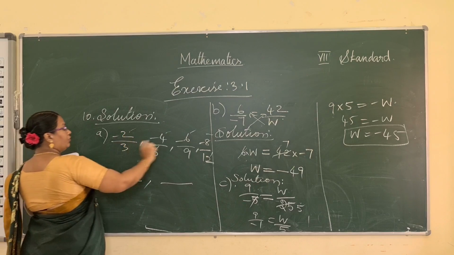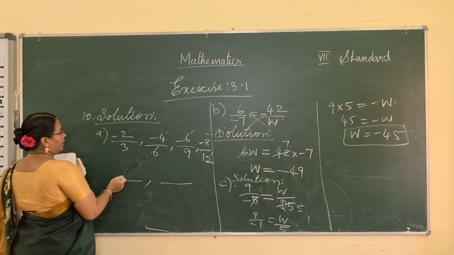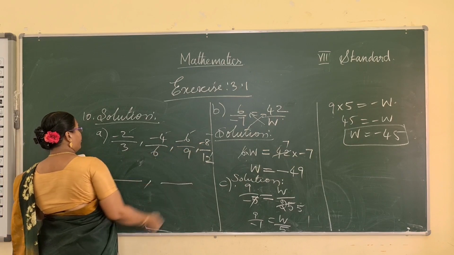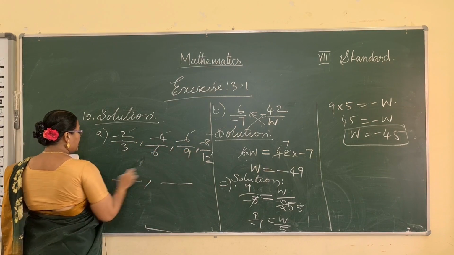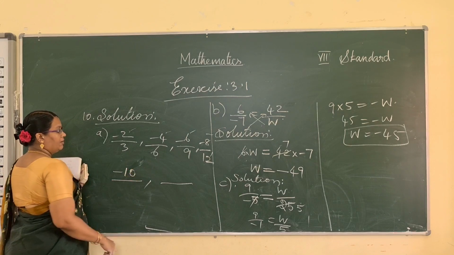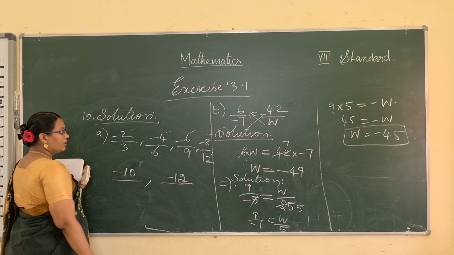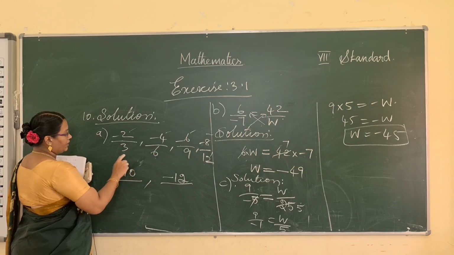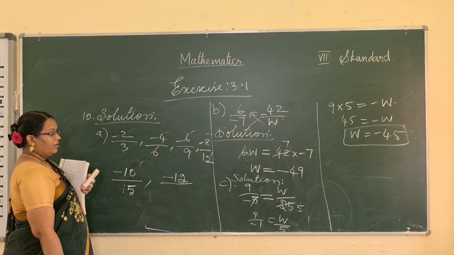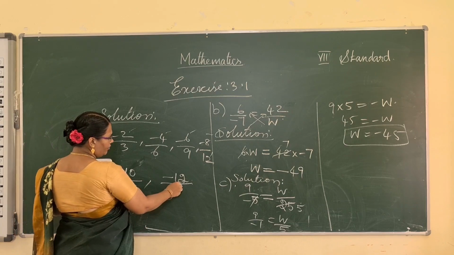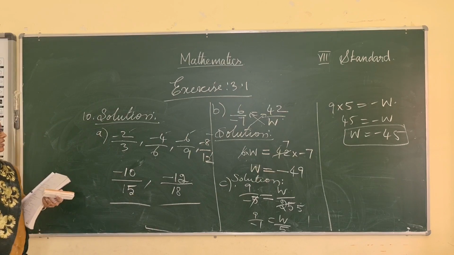So a multiple of 2 is in the numerator and a multiple of 3 in the denominator. So what is the next of the multiple of 2? 2, 4, 6, 8, minus 10 and then minus 12. Multiple of 2. And then the denominator, multiple of 3. 3, 6, 9, 12, 15 and then 18. These are the answers for this problem.